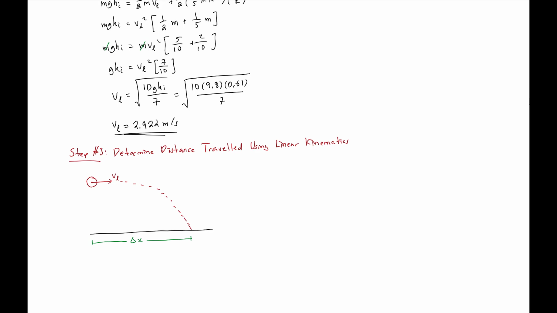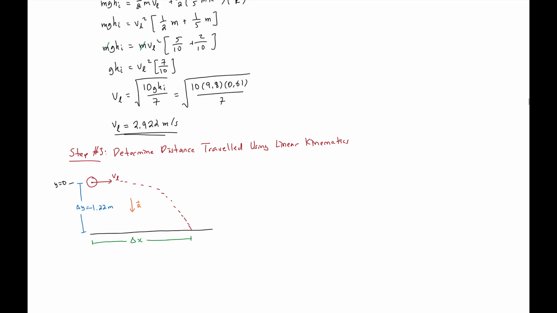We're also told that the height here, delta y, is equal to 1.22 meters. But because we saw this as y equals 0, it's equal to negative 1.22 meters.